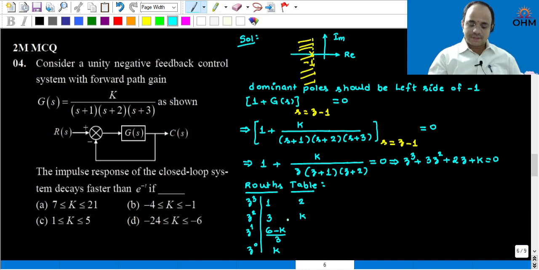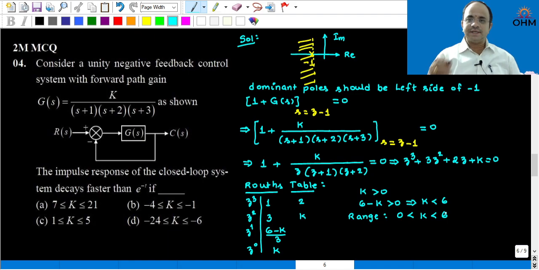So, for the characteristic equation in z variable to be stable, with roots in the left hand side, what is the condition here? k should be greater than 0 and 6 minus k should be greater than 0. In other words, k should be less than 6. Therefore, you can define the range for k as 0 less than k less than 6.